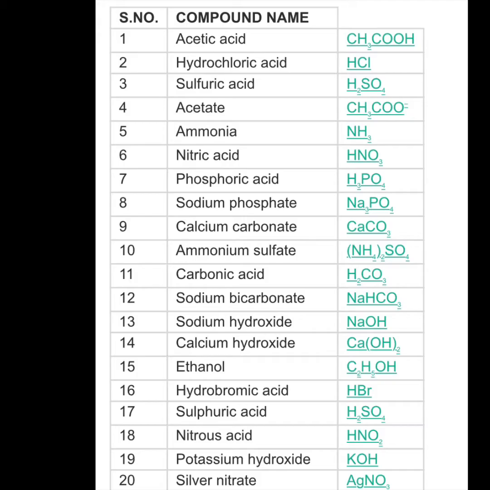Here is a list of few compounds along with their chemical formula. Chemical formula of acetic acid is CH3COOH, hydrochloric acid HCl, sulfuric acid H2SO4, ammonia NH3, nitric acid HNO3, nitrous acid HNO2. What is the difference between nitric acid and nitrous acid? Nitric acid contains 3 atoms of oxygen and nitrous acid contains 2 atoms of oxygen.